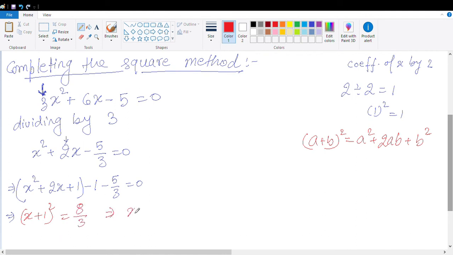Now x plus 1 equal to plus minus square root of 8 upon 3. So x is equal to minus 1 plus square root of 8 upon 3, or minus 1 minus square root of 8 upon 3. You can solve it further with a calculator if you want the further answer, or this can be the final answer.